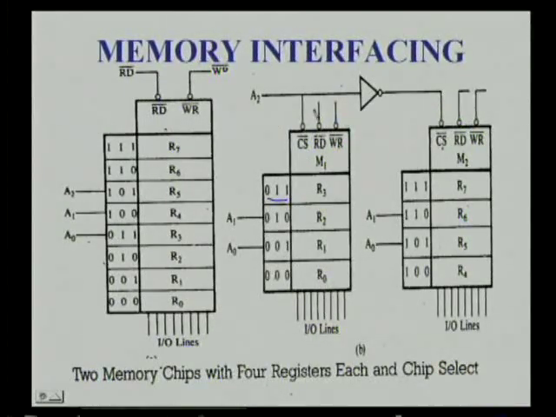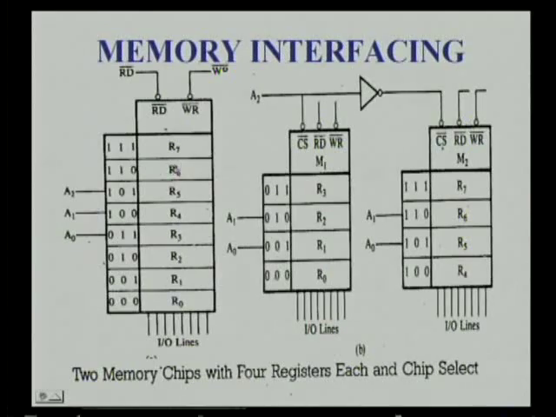Okay, and after inverting this, the same A2 is connected to the next memory chip, M2 memory chip in this case. So as a result, we can identify 8 different registers.